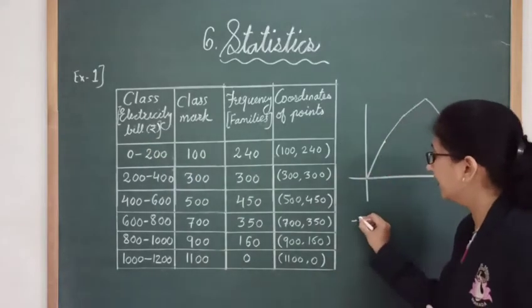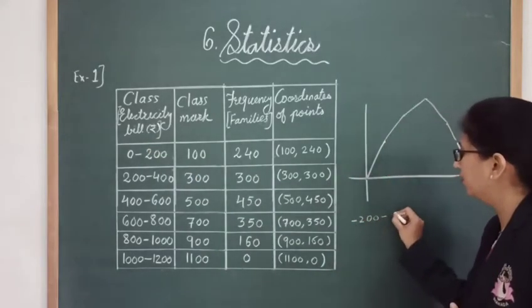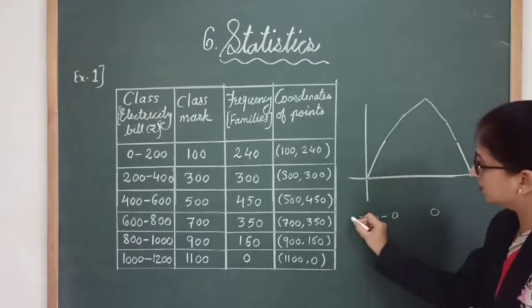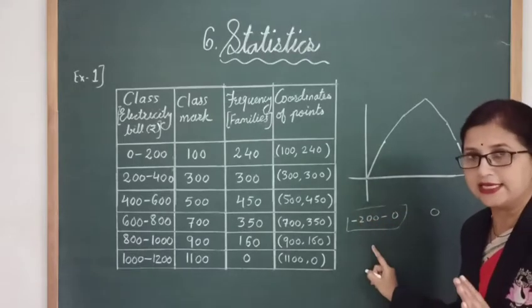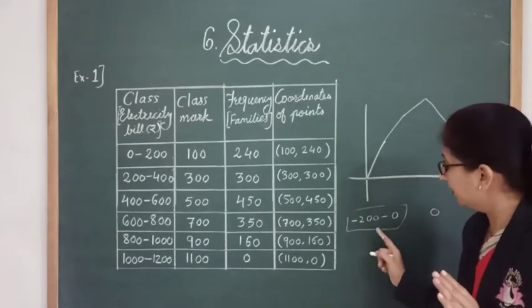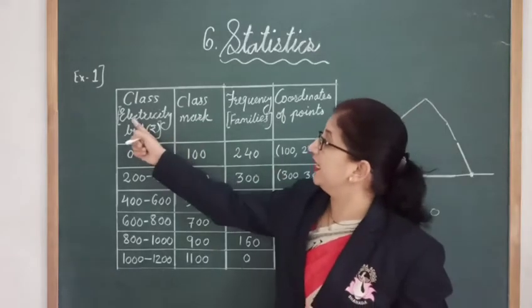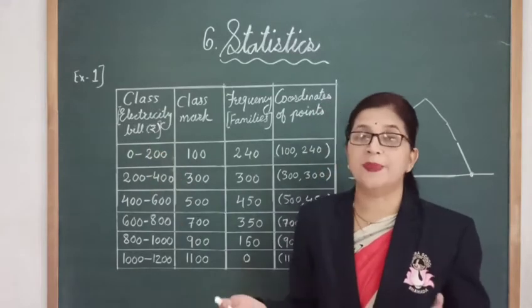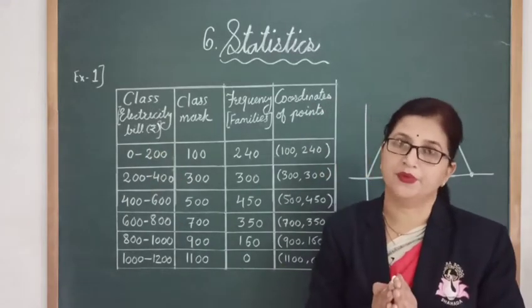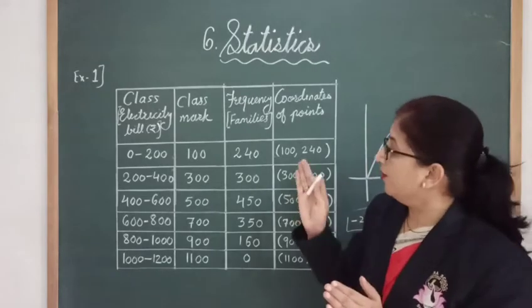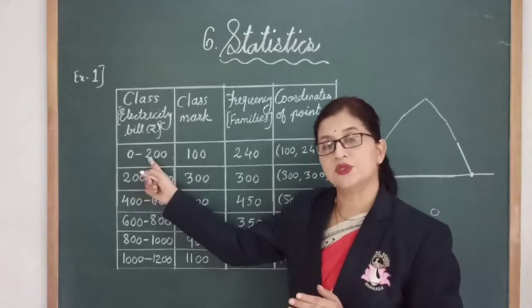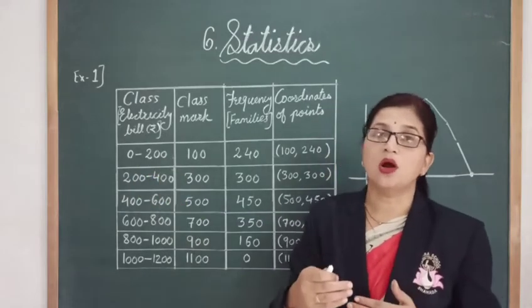It will be negative 200 to 0. Okay, and its frequency will be 0. So this one would be our first class. But here this class is representing the electricity bill in rupees, and we know that rupees are not negative. Okay, that's why for this example, as the first class is 0 to 200, we will not take one extra class in the starting.